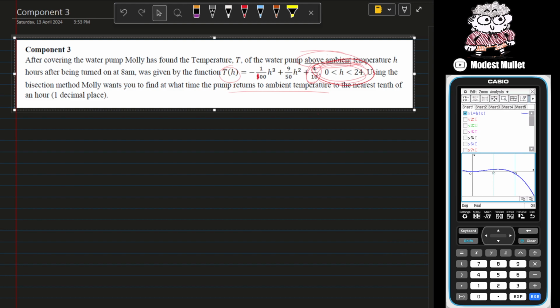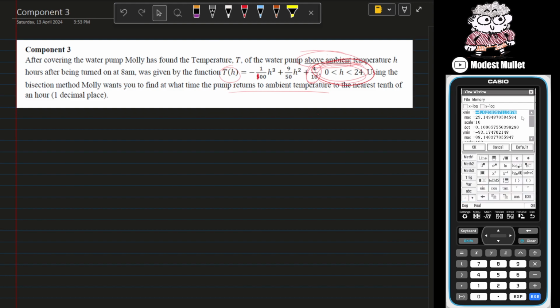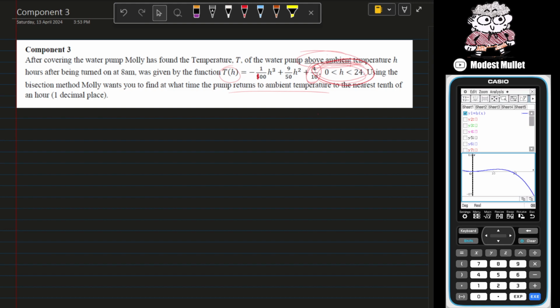Goes up some value, and let's set our y scale to give us a better idea because it's currently set to 100. So let's set it to 1, okay, and let's do a bit of a zoom box. Okay, we're going to have to zoom out.